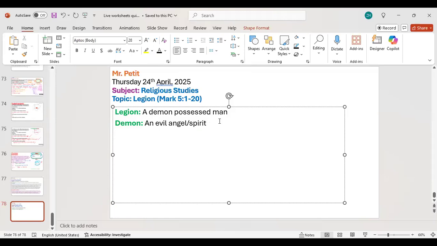Okay, so where was Jesus visiting where he met the legion? I think a graveyard. No, it's a city. It's the name of the city. Jerusalem? No. Nazareth? It starts with GA. Galilee? No. Ghana?